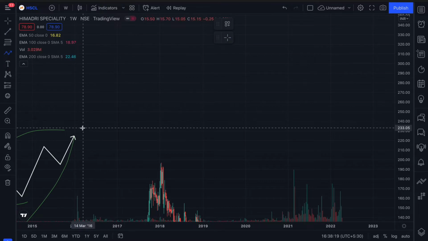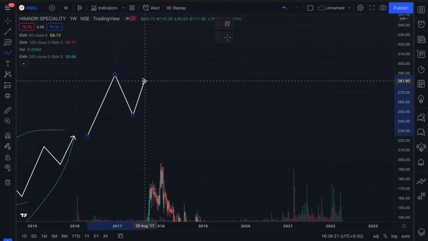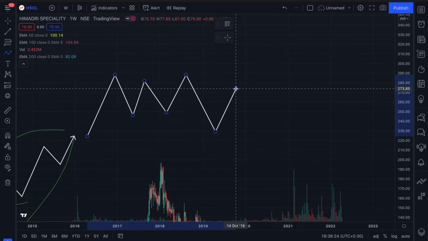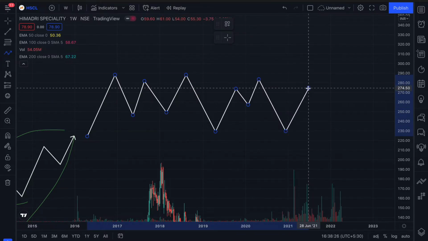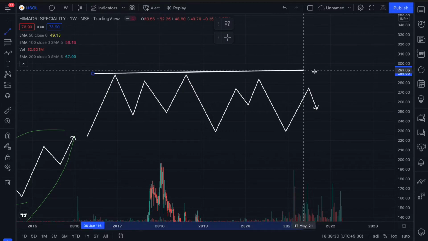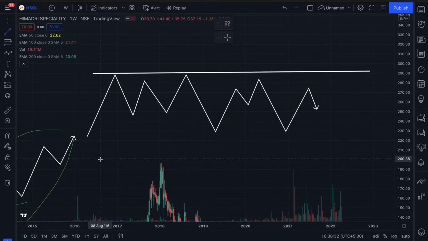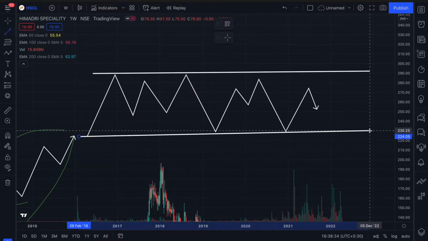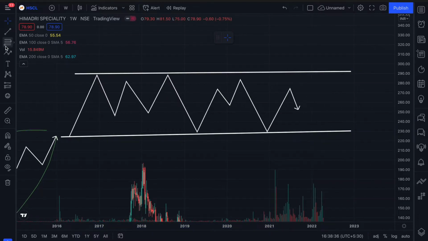Coming to consolidation, the characteristic of the price in this phase is that it is stuck between two very important levels, a support and a resistance, a supply and demand zone basically, and the price hovers in between these two levels. So this is a sideways market.